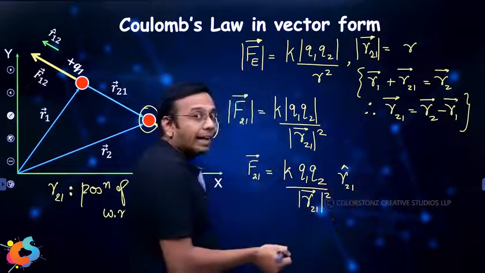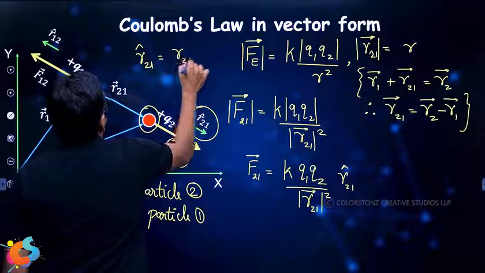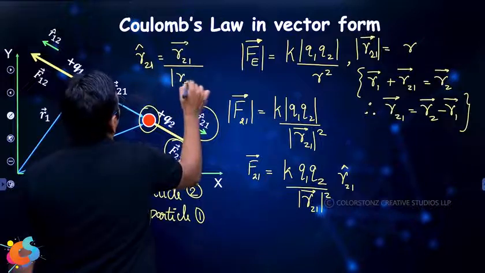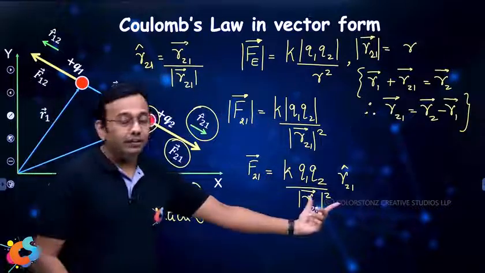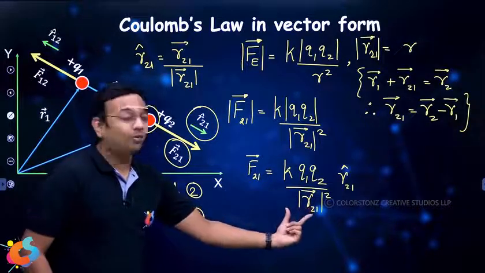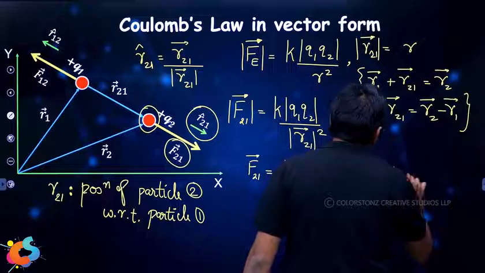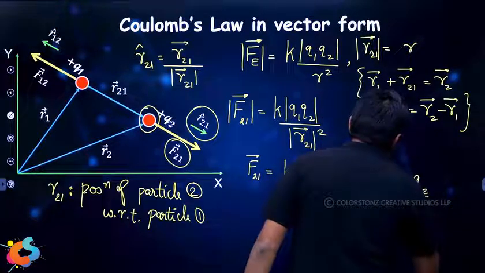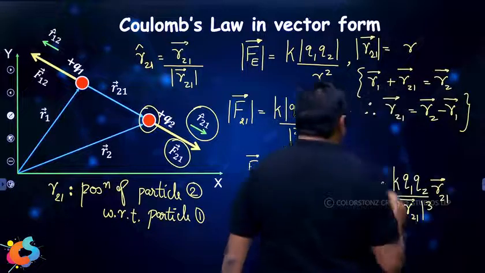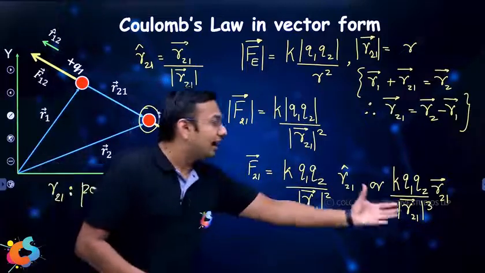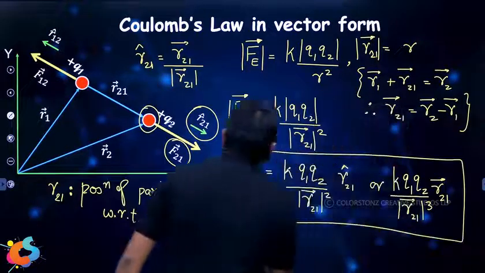So instead of R21 cap, I can write R21 vector upon magnitude of R21. If I substitute this relation here, in the denominator I'll have one more magnitude of R21 term. So I can write this also as K Q1 Q2 by R21 mod cube into R21 vector. Both are exactly the same relations. You can use either of the relations to give the force in vector form. And this is what we wanted to derive.